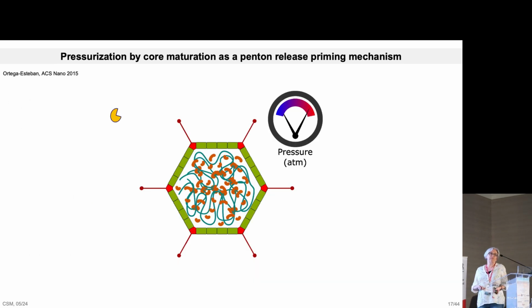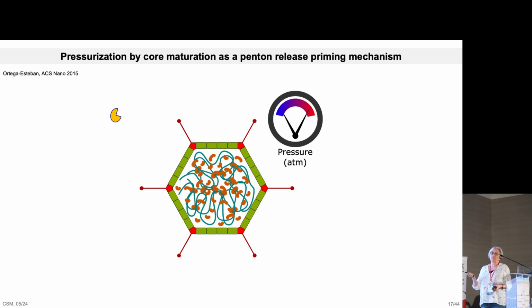So this is our model for how maturation relates to uncoating in adenovirus. We have the genome and core proteins. Now the protease cleaves these core proteins, and the condensation action is now decreased. So electrostatic repulsion kicks in, and this exerts pressure on the inner walls of the capsid.